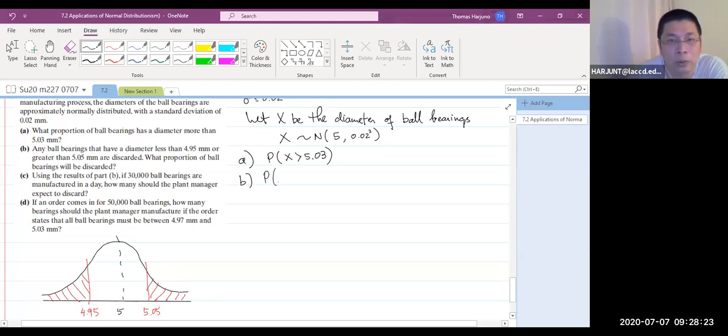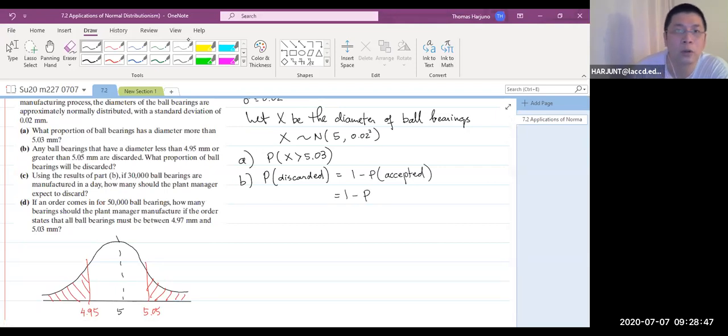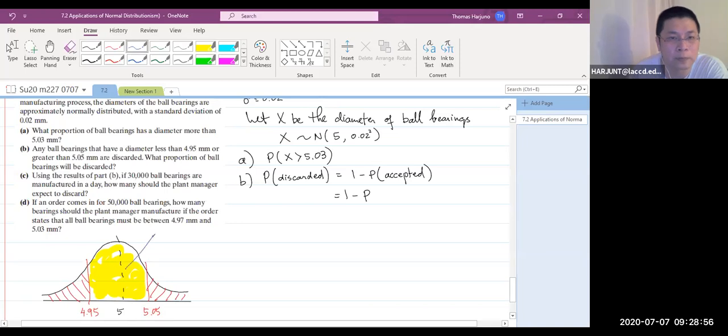The proportion or probability of being discarded is the complement of being accepted. Okay, basically not discarded, right? And the probability that it will be accepted is when it is actually in this region here. That's the one when we accept.